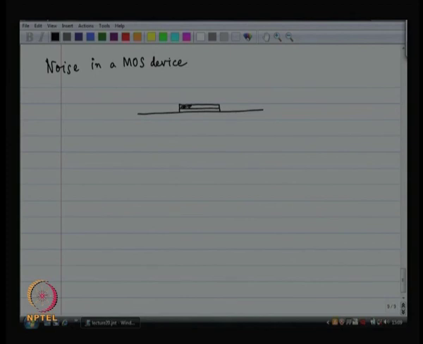So, first you make the gate oxide, then the poly on top of the gate oxide, then you implant the drain and the source. Okay. So, this is your MOSFET.